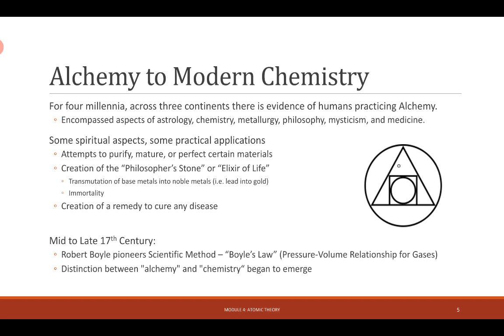The Philosopher's Stone and Elixir of Life was to try to turn lead into gold or other base metals into gold, something more valuable, and hopefully bring immortality. And they were also searching for a remedy to cure any disease.